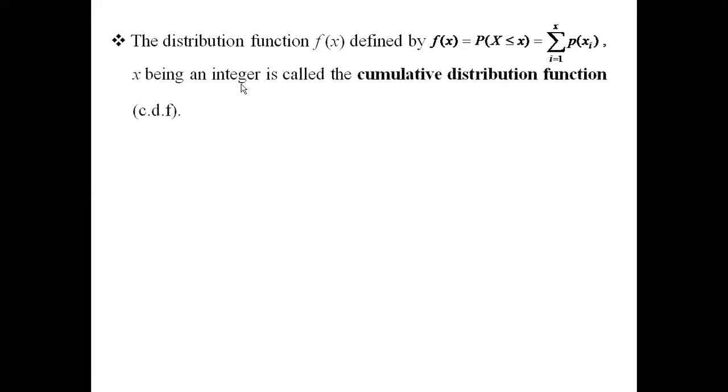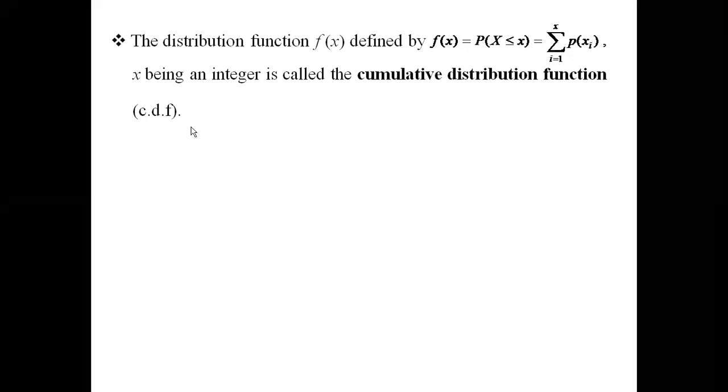Now, the distribution function f of x defined by f of x is equal to the probability of the random variable x less than or equal to every x, which is given by summation i equal to 1 to x of p of xi, where x is an integer, is called the cumulative distribution function, CDF.